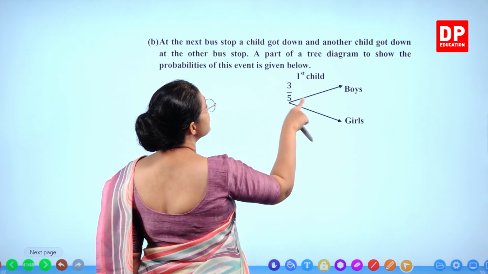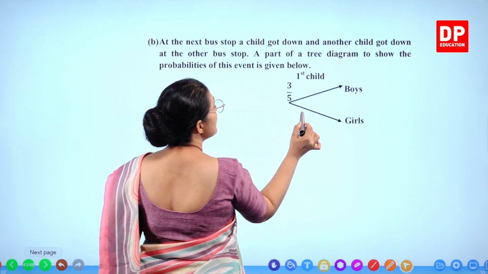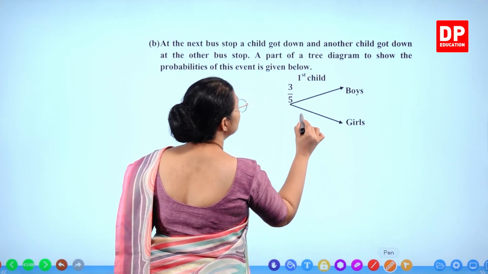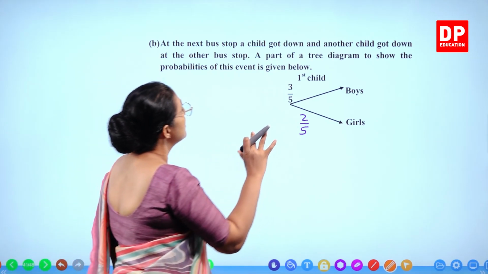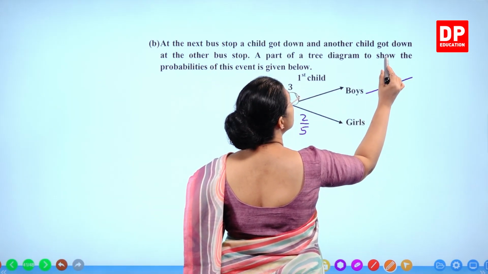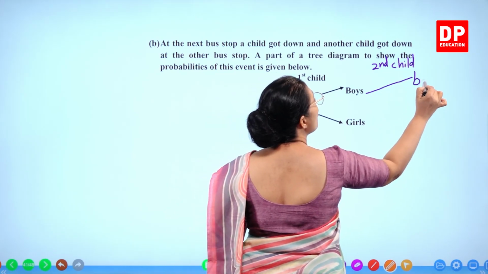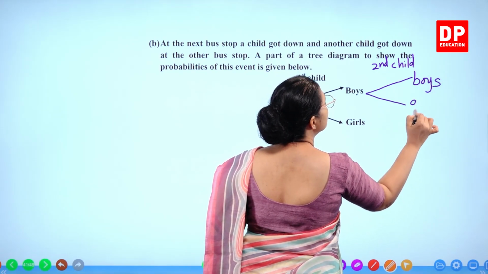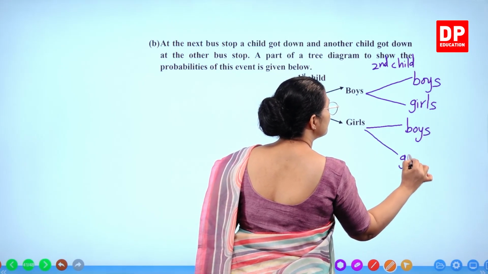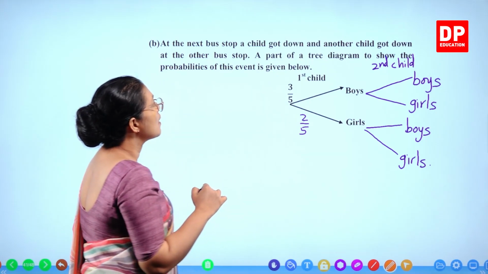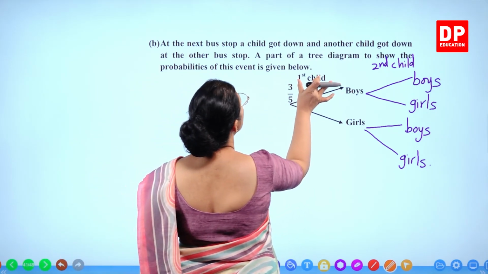So here it says boys 3/5. So definitely what is the probability of getting girls? Here 2/5. This is for the first seat. Then for the second child can be a boy or a girl. So here 3/5 and one child is already there.